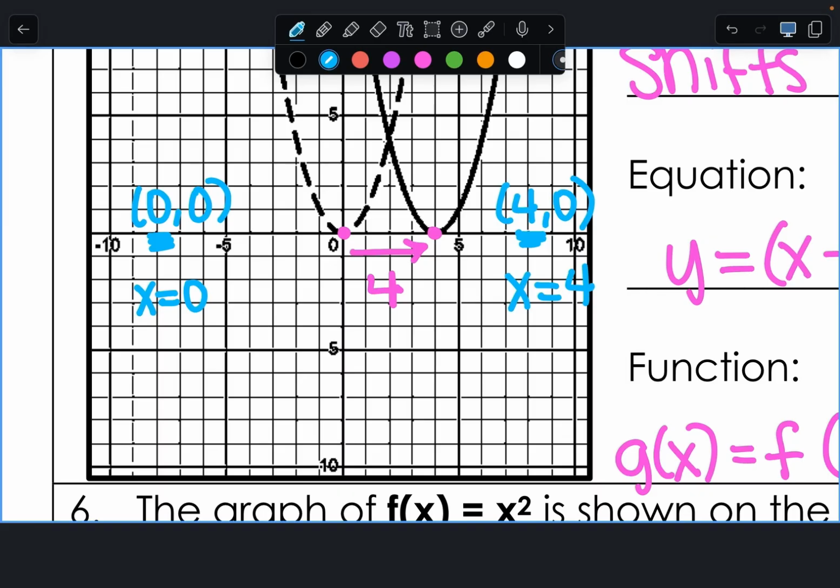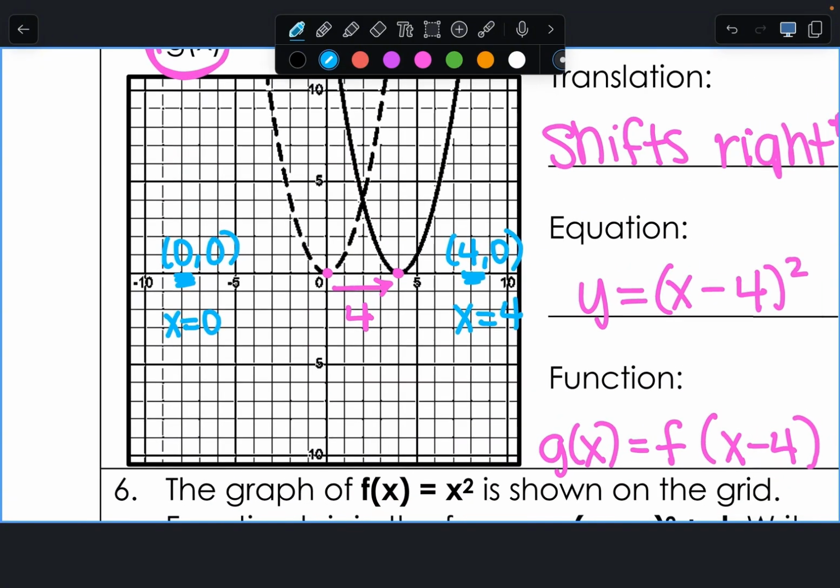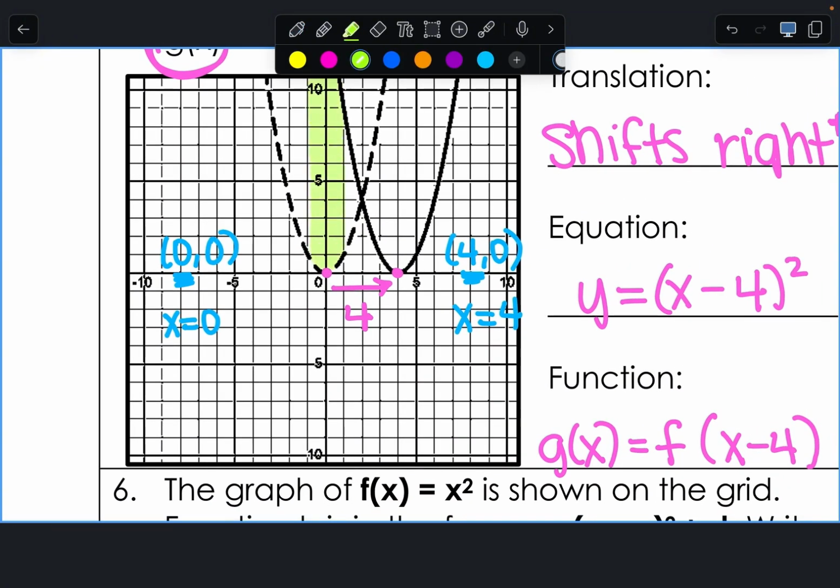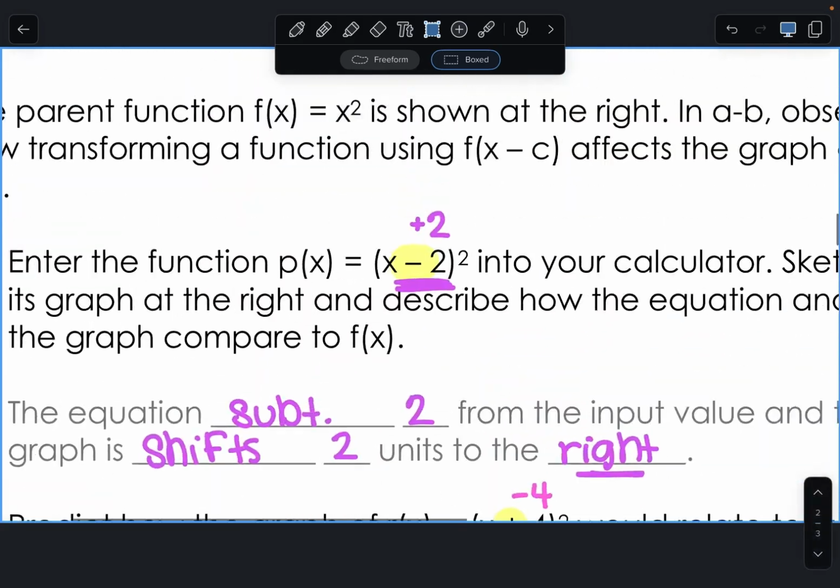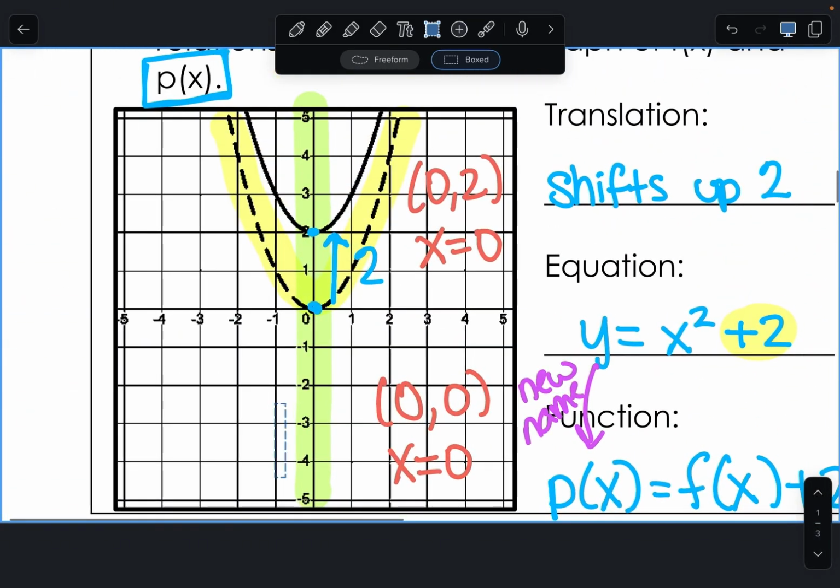When you move it left and right, does it change the axis of symmetry? Yes, because the line that splits this one in half has now moved over here. The line that splits the parabola in half is now moving over as well. That doesn't happen when you shift it up and down. The line that splits it in half doesn't move left and right. If it goes up and down, nothing happens. It's still 0. Got it?